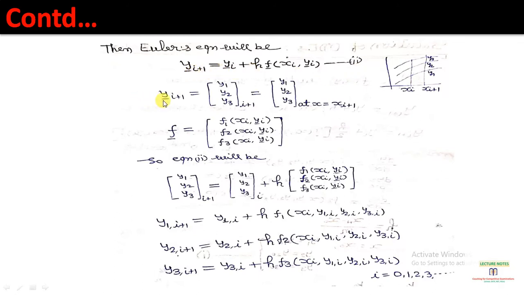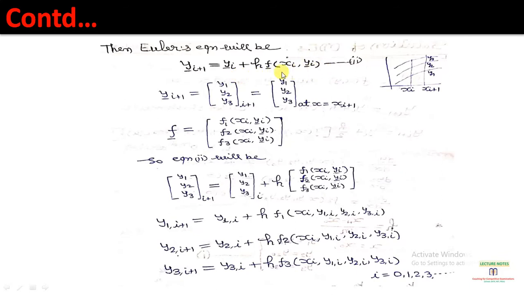So y column vector i+1 equals y1, y2, y3 at i+1, which equals y1, y2, y3 at x equals x_{i+1}. We can write f in this way.